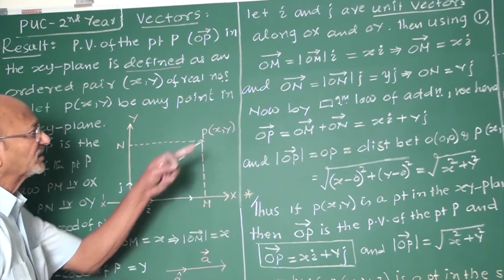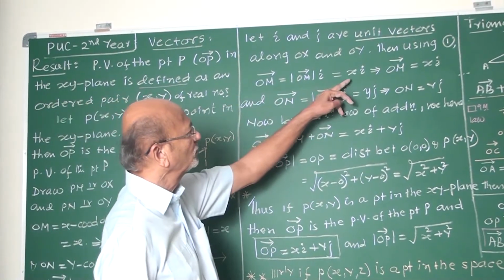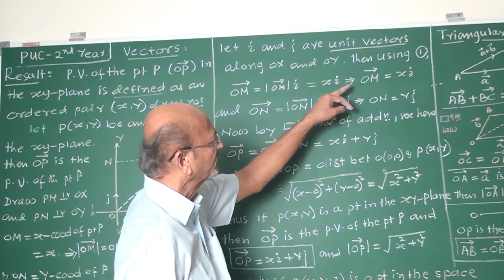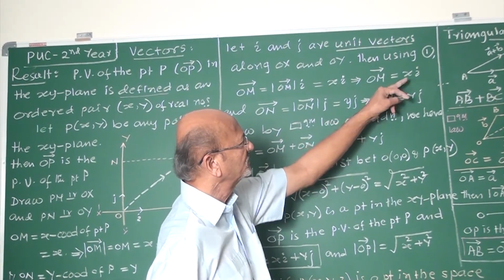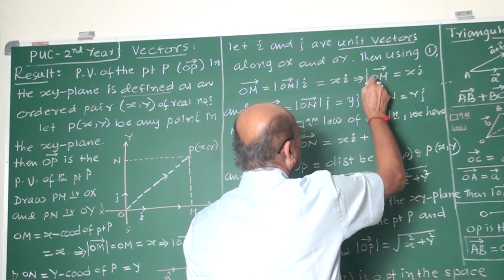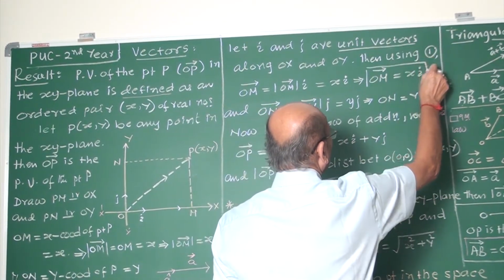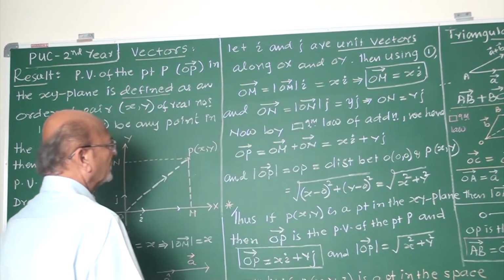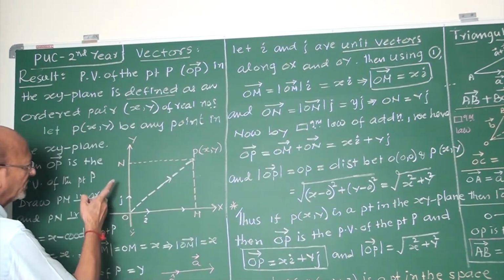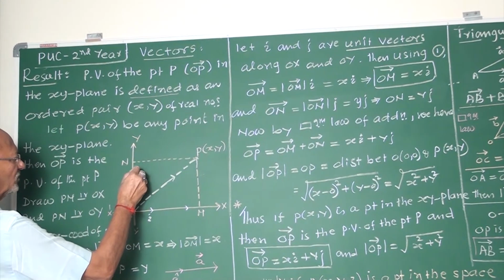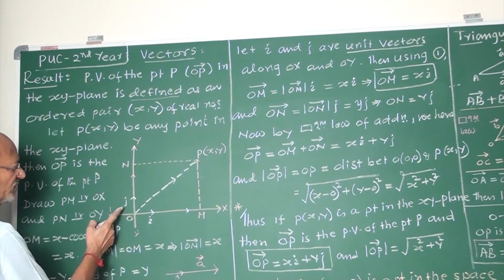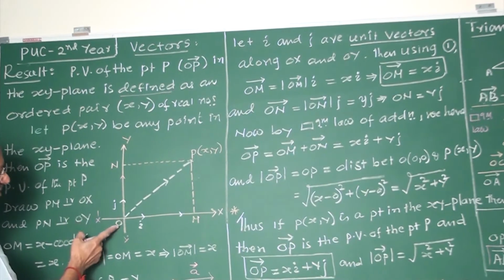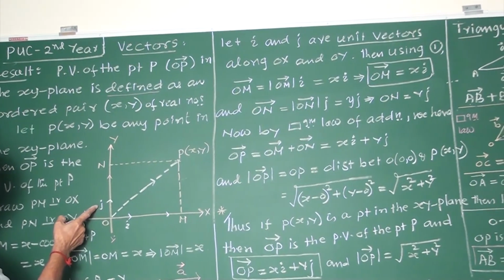From this it is clear vector OM equals x into i. Similarly, vector ON. The unit vector in the direction of vector ON is j.